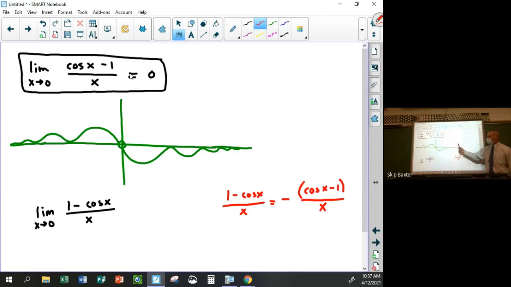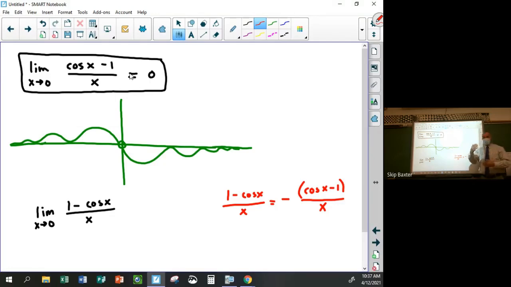Well, what happens graphically if you make a function negative? How would this function look different than this function? It reflects it over the x-axis, right? We talked about this earlier in the year. If you take a function and make it negative, it flips it upside down.